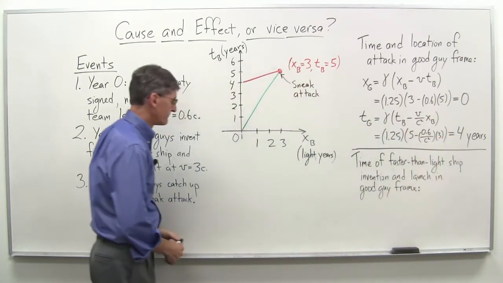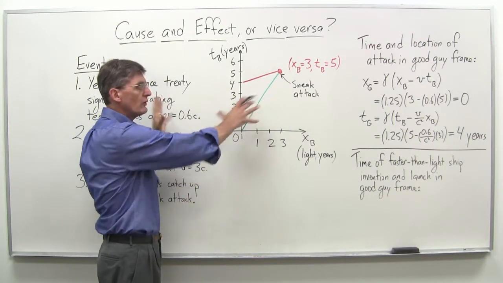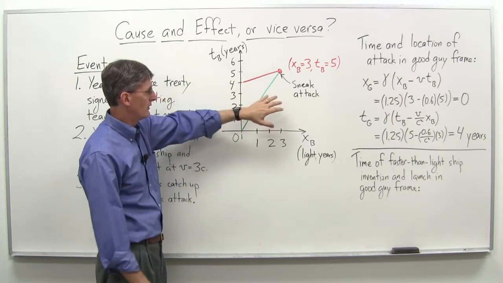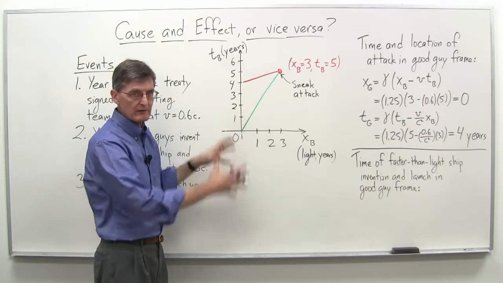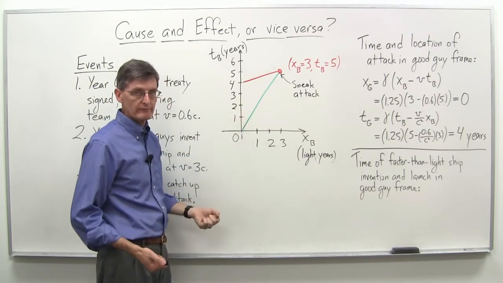Okay? So in the good guy's frame of reference, which we're not showing on this plot, we could put it on here, but we're not going to get it too complicated in terms of the plot that's going on. But we see their clocks read 4 years at that point.